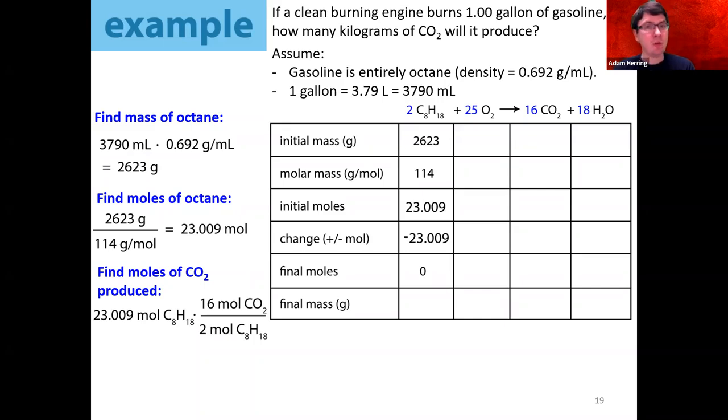And the balanced chemical equation shows that we produce 16 carbon dioxide for every 2 octane. That would mean that we would produce just over 184 moles of carbon dioxide. We started with none. We're going to add 184, and so our final moles is 184.07 moles of carbon dioxide.